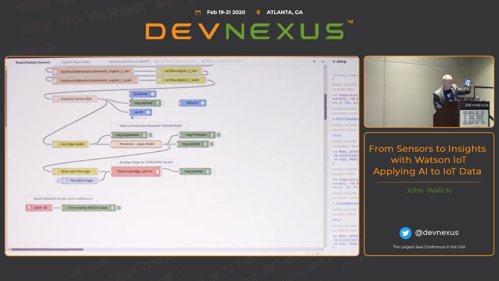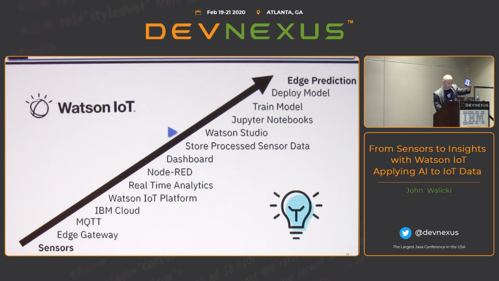So what we were able to do in our little journey here was send the data up to the cloud and then build a model and then redeploy that model back down to the edge to do some edge prediction. Now, why is this important?